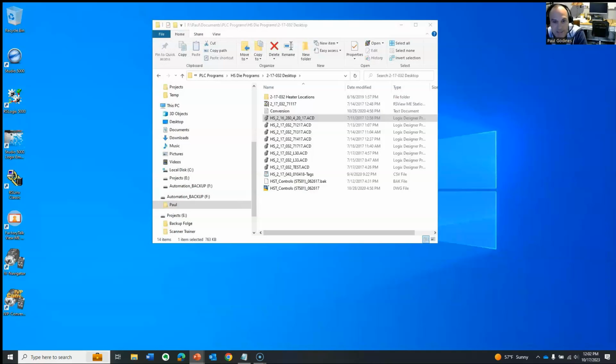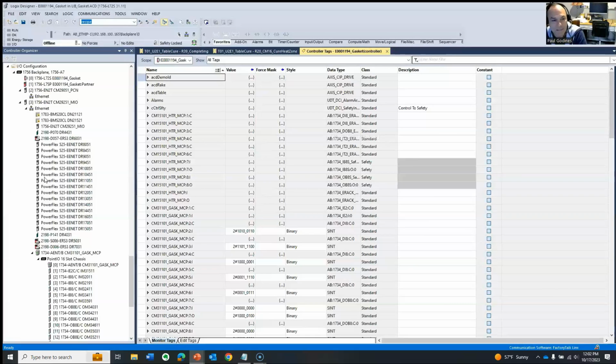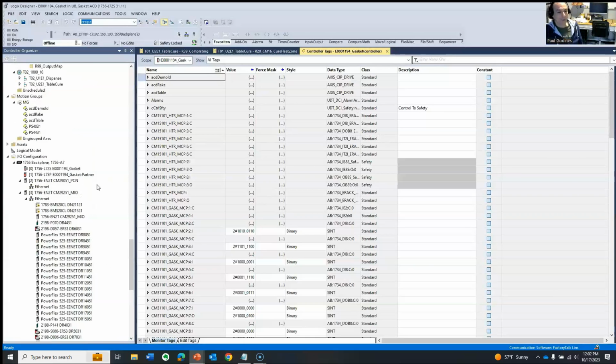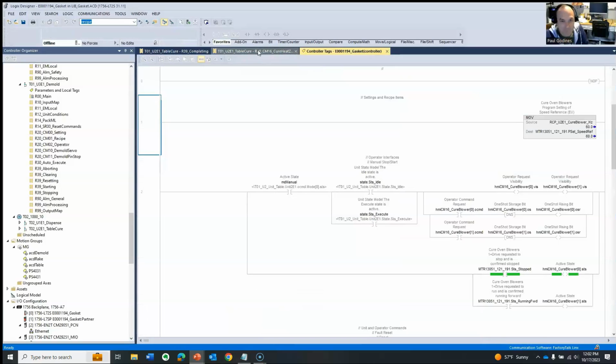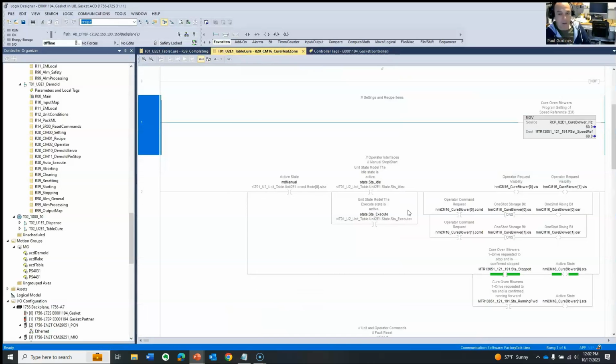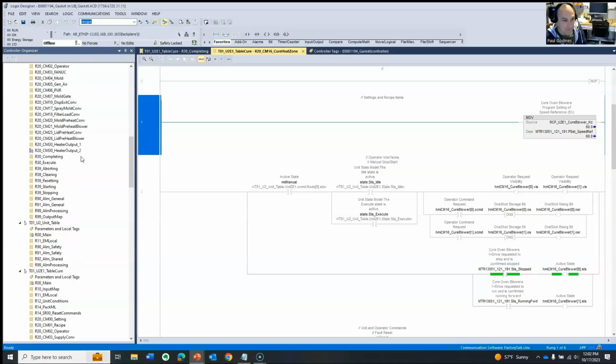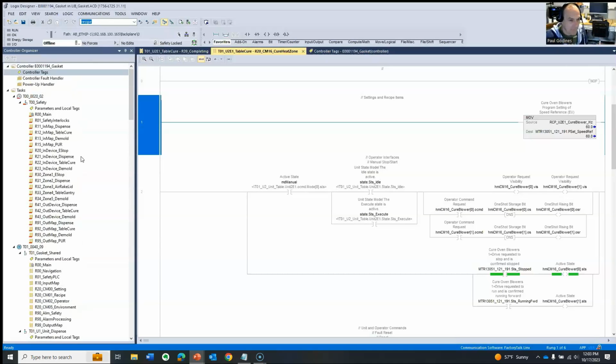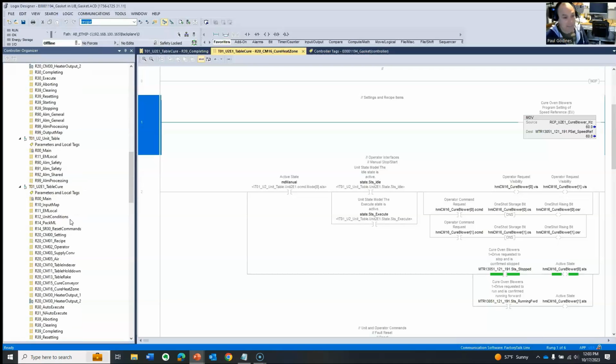What we're going to do is take a look at something that's a lot more complicated. When we start looking at these, if we're new or intermediate level programmers, and we look at these really deep, complex programs, it's very easy to get confused.